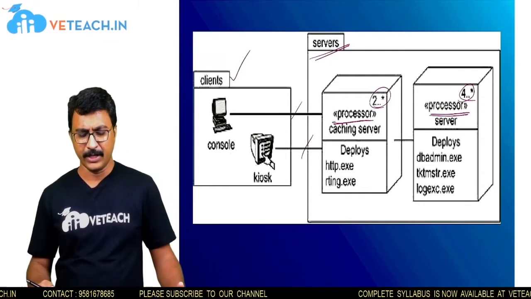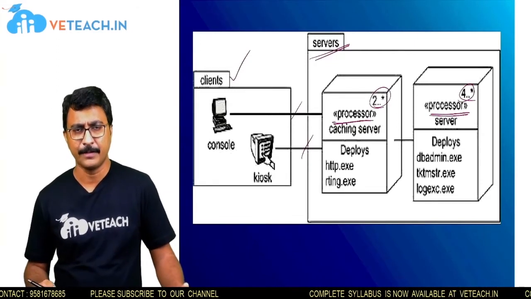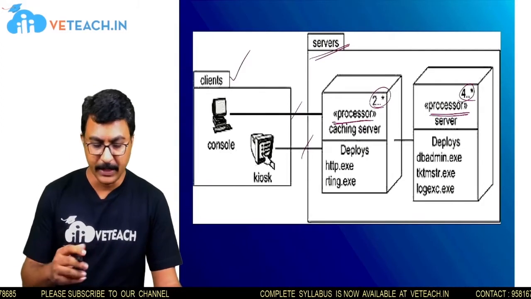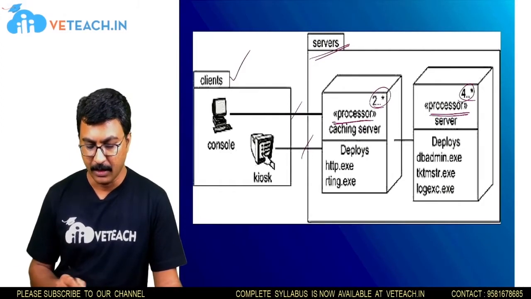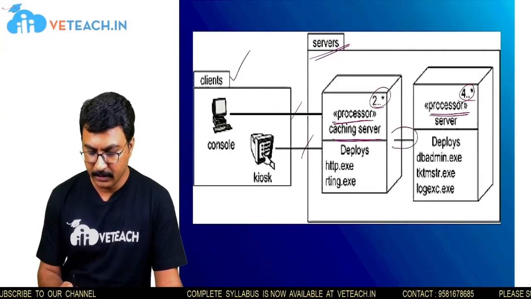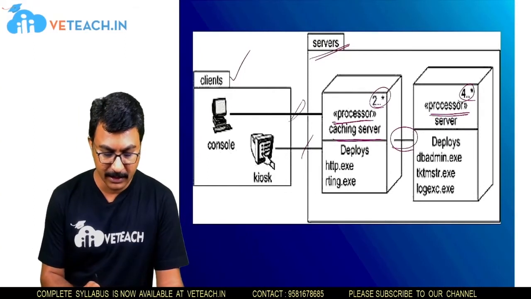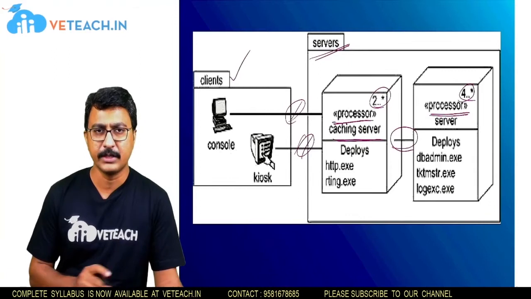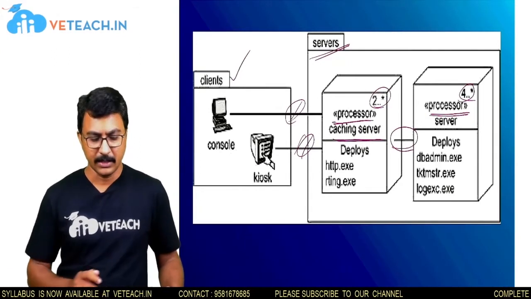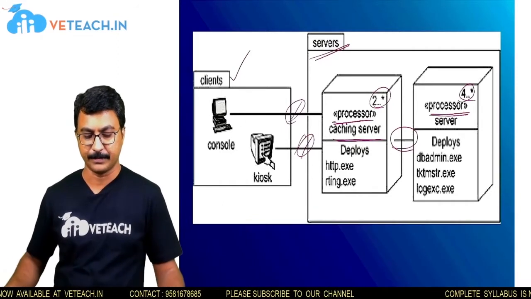So physically, there is a processor 1 and a processor 2, a caching server, and an exclusive server where, to speed up the process of data retrieval, we have used a caching server. The servers are connecting with a simple connection, and the caching server is connecting with the clients. So you see a physical client server architecture being shown here, where these two clients can interact with the server only through the caching server.